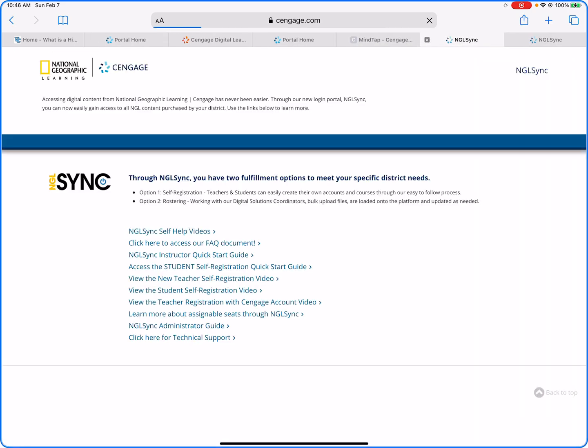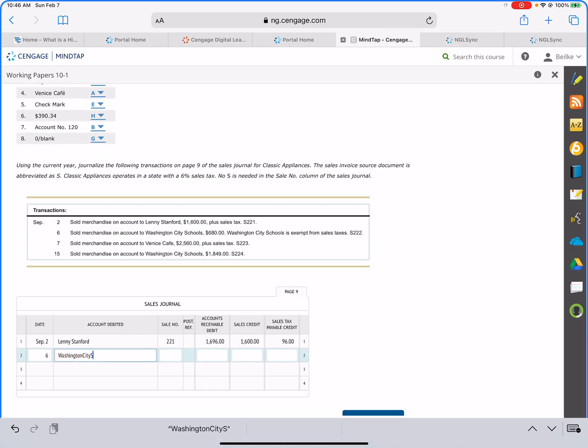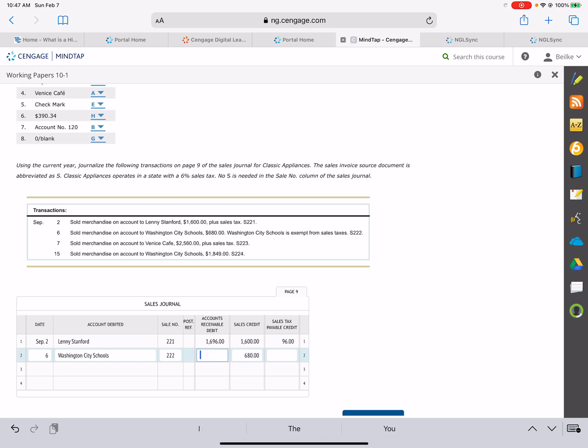Sales number is 222. The amount of our sales is $680. There is no sales tax, so our accounts receivable is $680. So again, if there's no sales tax to be collected, you do not need to put that on.